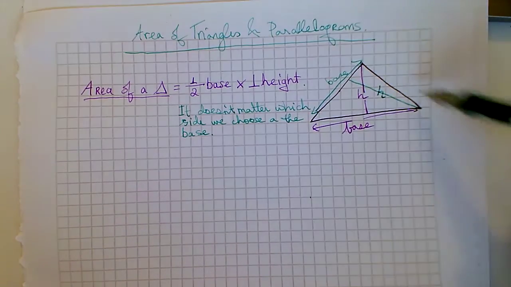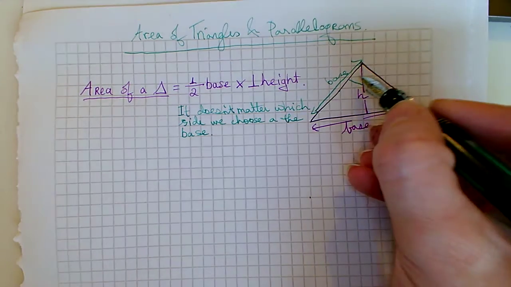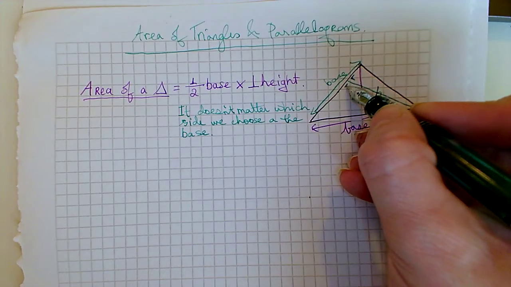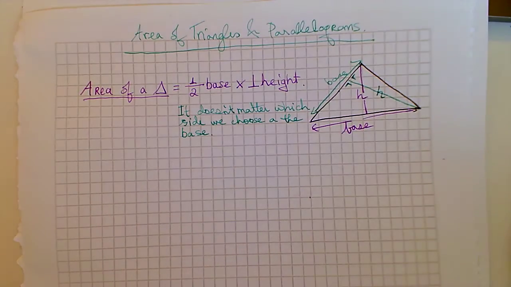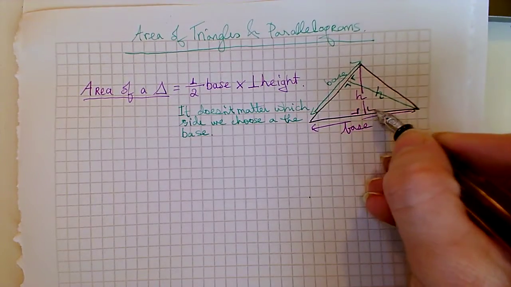Or I could use this base and this height. Okay, so you can rotate the triangle any way you want and consider that if you have a perpendicular line coming out from one of the sides, then you can use that side as the base in your area formula.